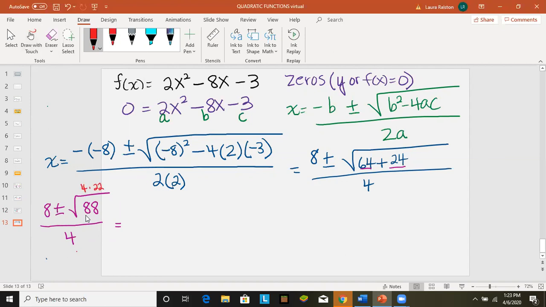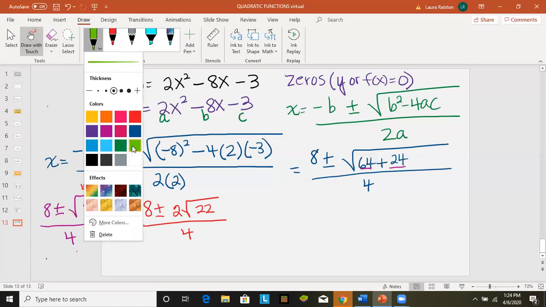And I know that 4 is a perfect square. So I have 8 plus or minus 2 on the square root of 22 all over 4. So I've simplified the radical, but then I also need to simplify the fraction.